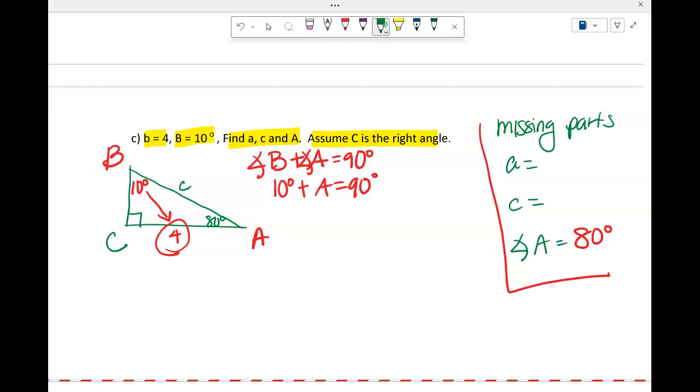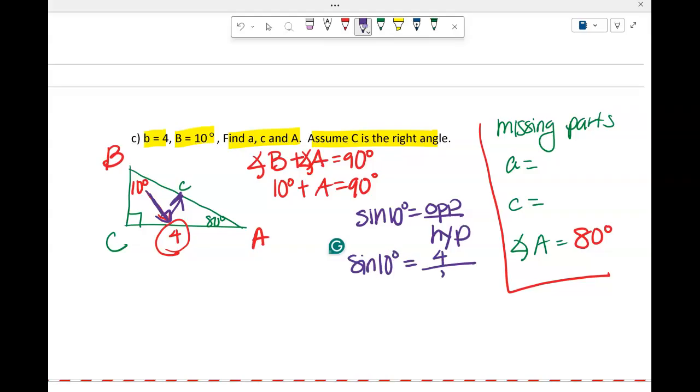So if that's the case, we can use the opposite of angle B and then the hypotenuse to solve for little leg C. So sine of 10 degrees, guys, equals opposite over hypotenuse. Sine of 10 degrees equals opposite leg, which is 4 units, over the hypotenuse, which is unknown, so we're going to use C. Get rid of the fraction by multiplying both sides, so you get C times sine of 10 degrees equals 4.